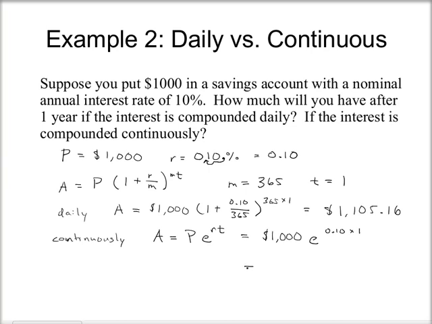And that's going to be equal to $1,105.17. So that's how much I will have if interest is compounded continuously after 1 year.